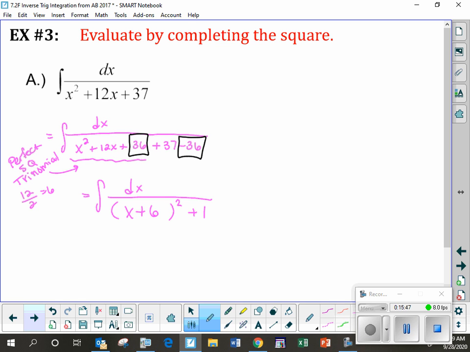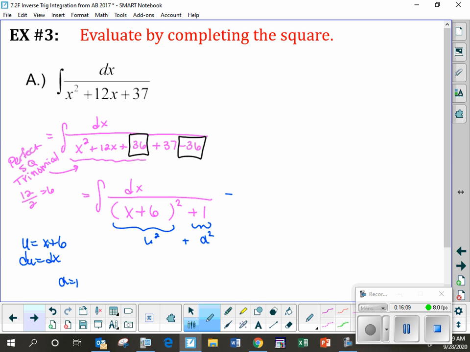I'm thinking this is arctan. This is my u squared. This is my a squared. So I get u squared plus a squared, arctan. So if u is equal to x plus 6, du is equal to dx. Okay, nice, perfect substitution. We know that a is 1.